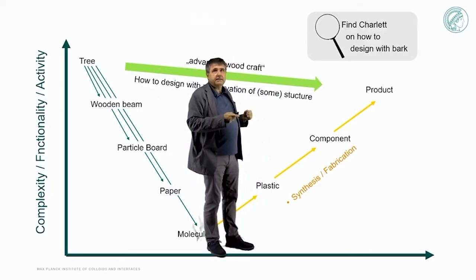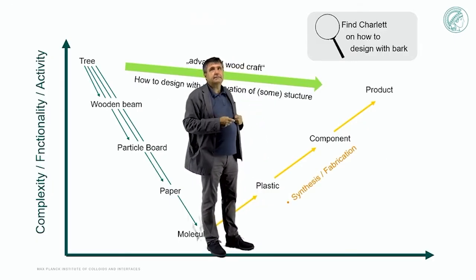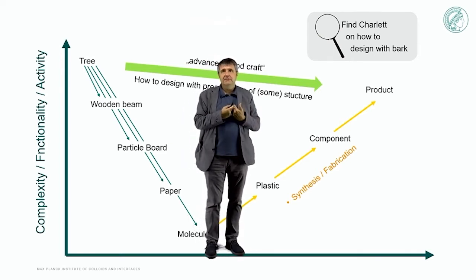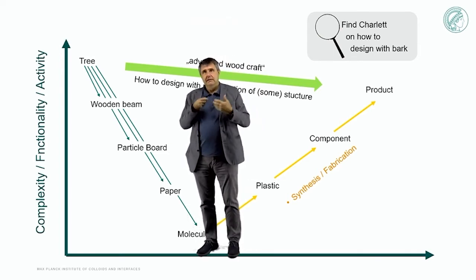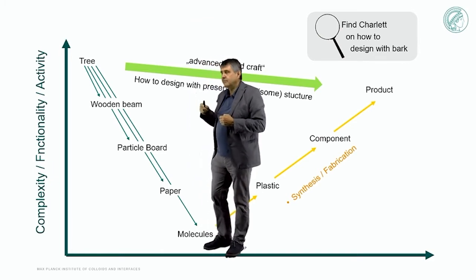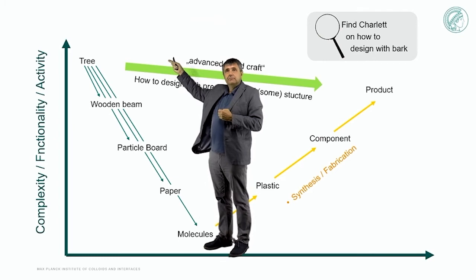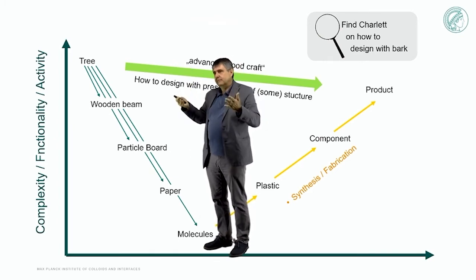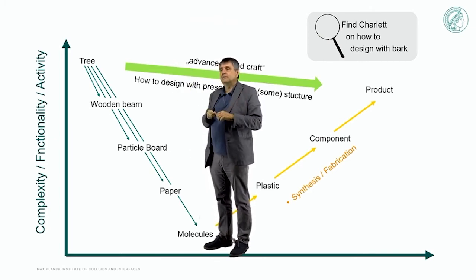Now let's quickly look at the implications of this for understanding how to deal with bio-based materials. So first, start from a tree. Now, a tree, we said before, has a hierarchical structure, is made of lots of complexity.